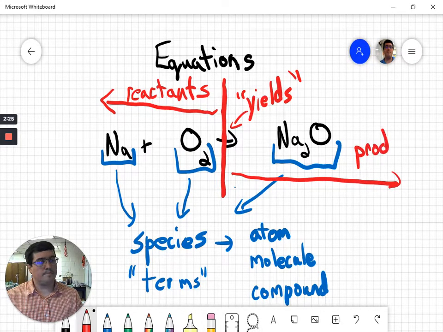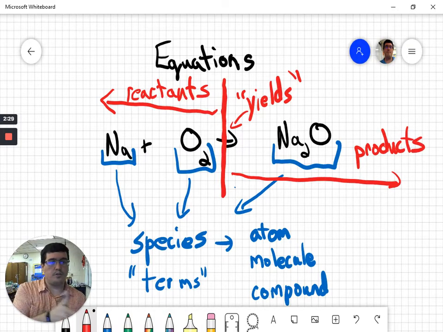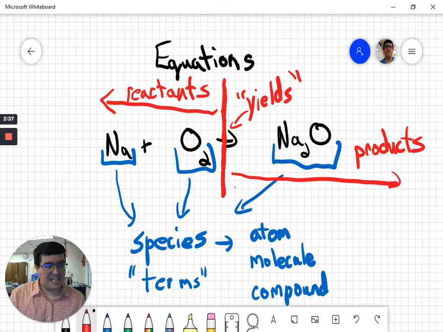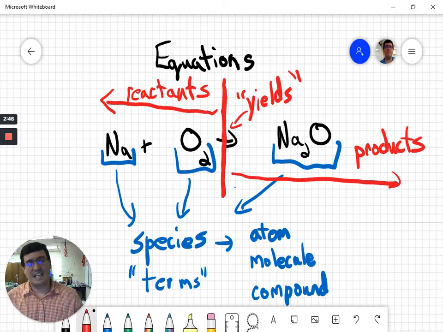So the reactants react to produce the products, and it's sort of like what's happening in time. I take these two things, I put them together, they react and yield this thing over here on the right. Ideally, we start off with this on the left, and we wind up with this thing on the right. And that is the basic breakdown of a chemical equation.